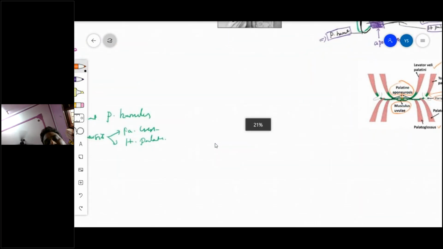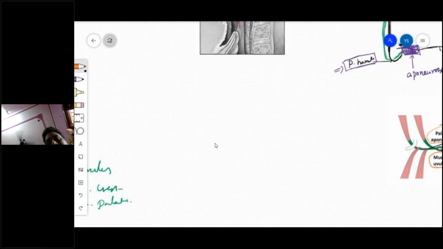If you see the blood supply, what is the blood supply? Any one of you? What is the blood supply of the soft palate? What is the blood supply of the palatine tonsil? Previously I told you, what arteries are supplying the palatine tonsil? Facial artery. So ascending palatine, branch of facial artery. Dorsal lingual artery.